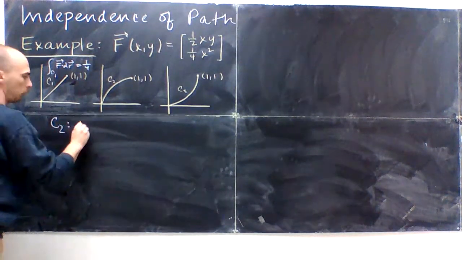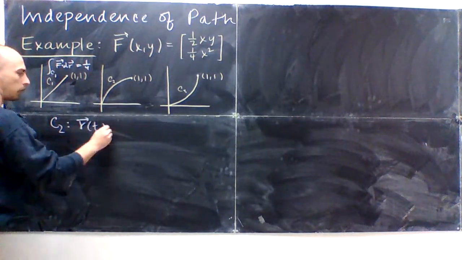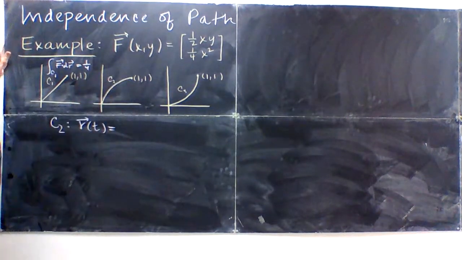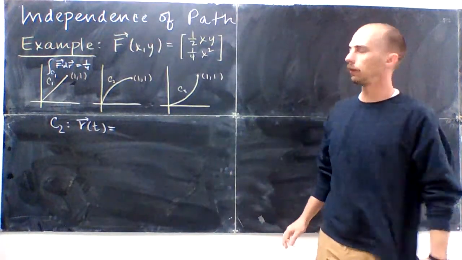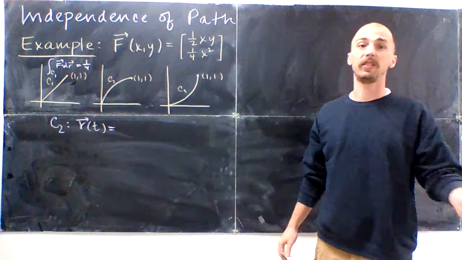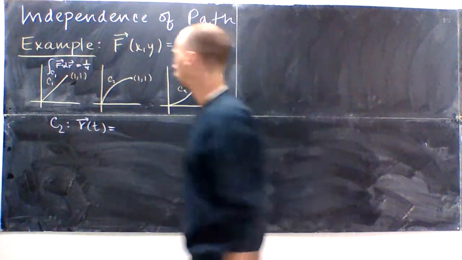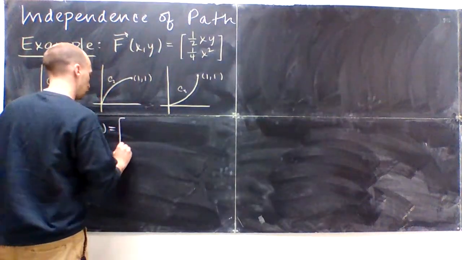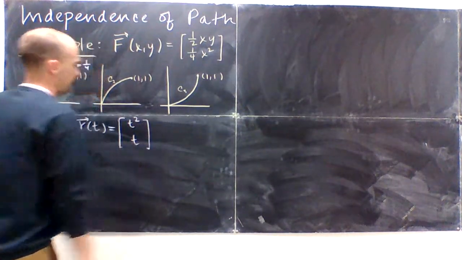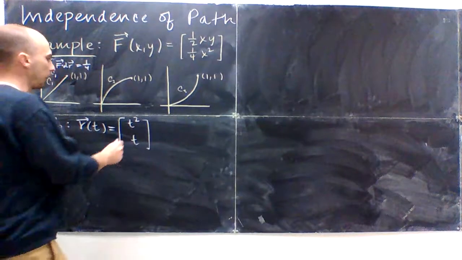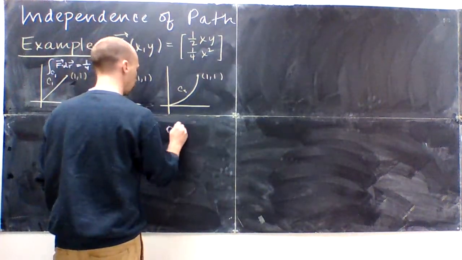For C2, r of t is going to be, this is like y equals square root x, but I'll switch it up so it looks different for you. I'll say x is t squared and y is just t. And this would be t still running from 0 to 1.